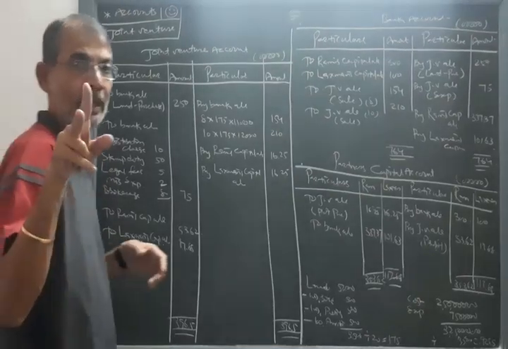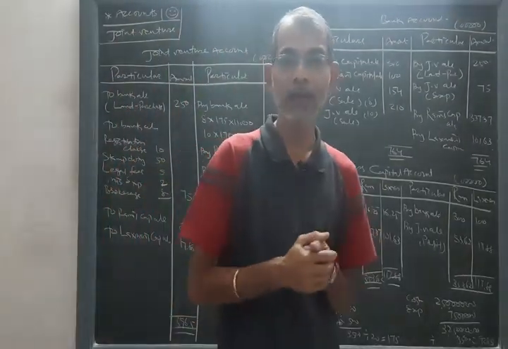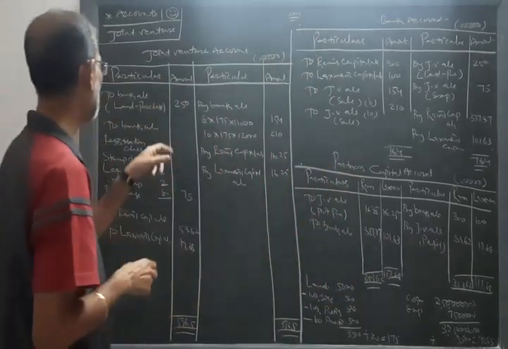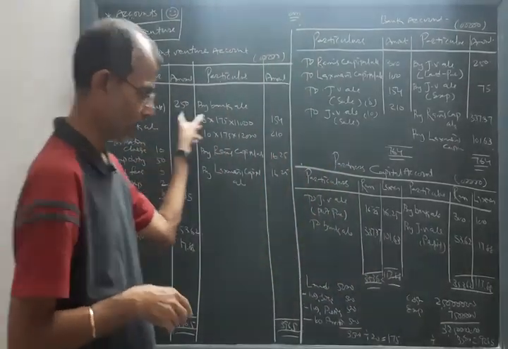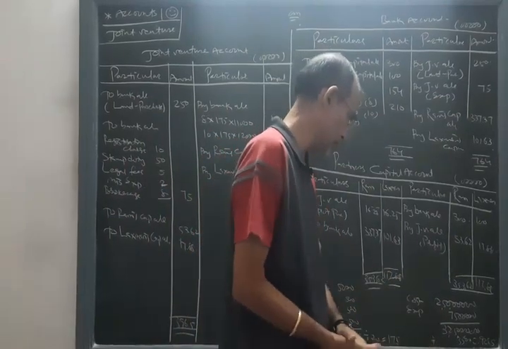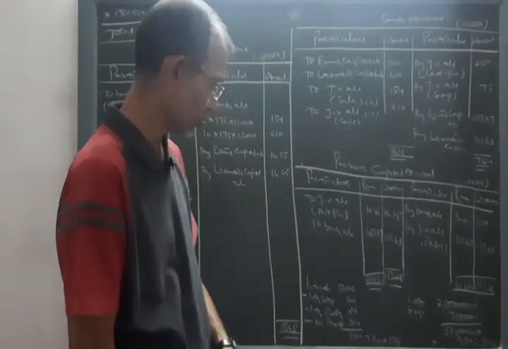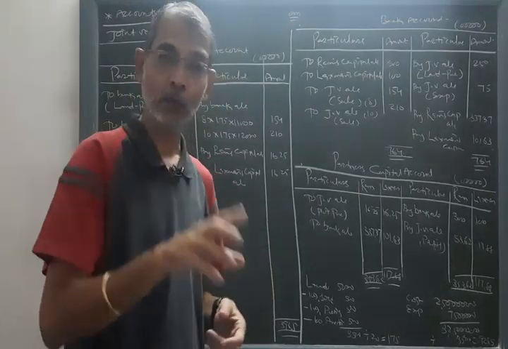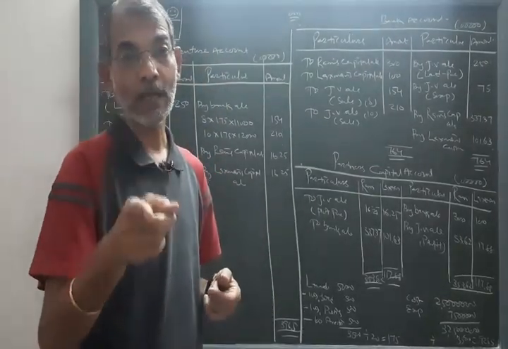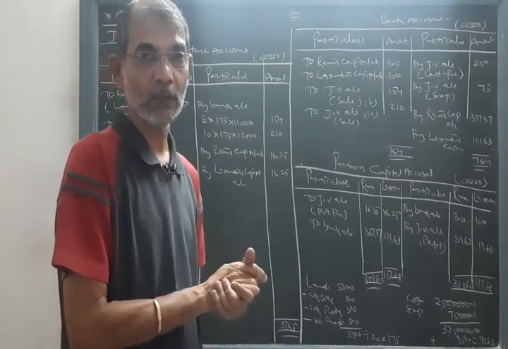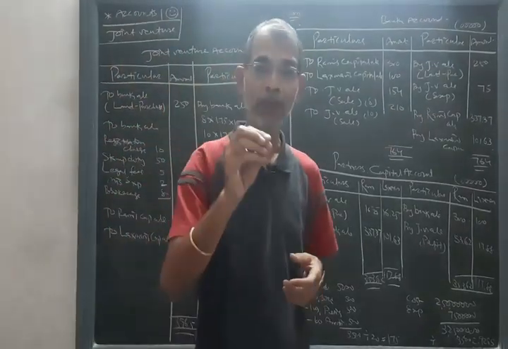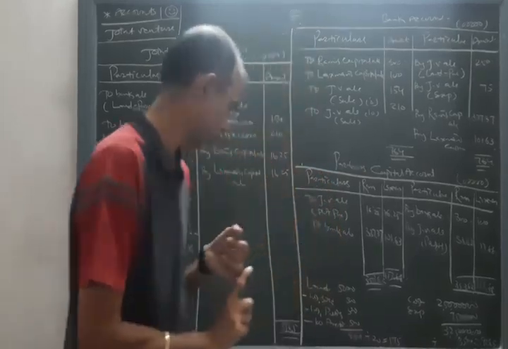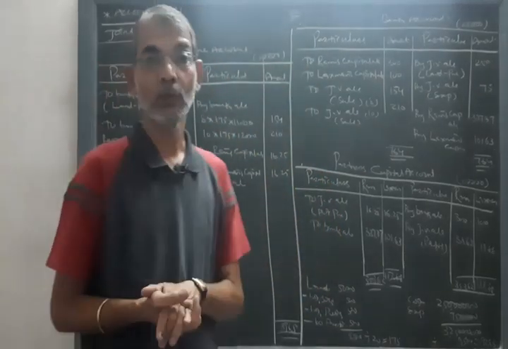The remaining 2 plots were taken over by both these partners at cost. Now what is the cost? The purchase price of the land is 2 crore 50 lakh and expenses are 75 lakh. Cost comes to 3 crore 25 lakh divided by 3500 square meters, not 5000 square meters, because those 1500 are left for amenities, parking and roads.